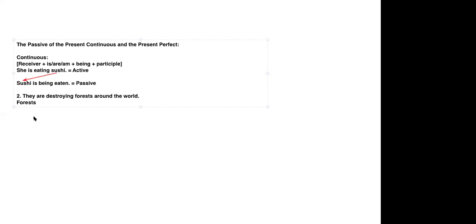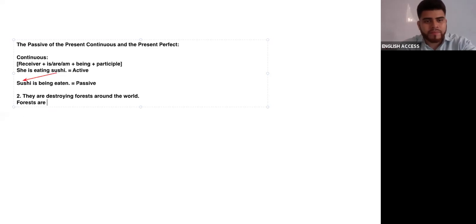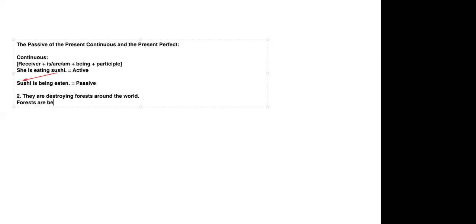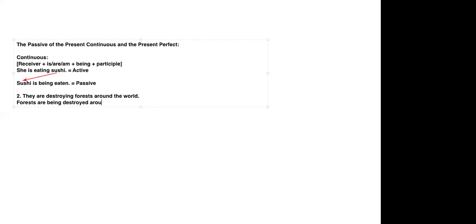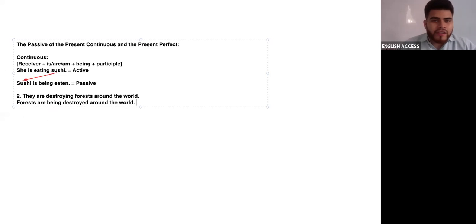Are... Forests are being destroyed. Yes, forests are being destroyed and then, you know, around the world. This is how you make the passive sentences with the present continuous.